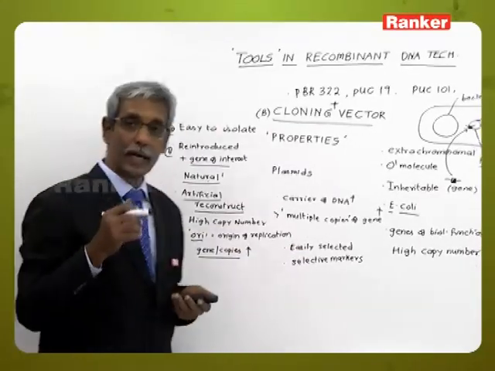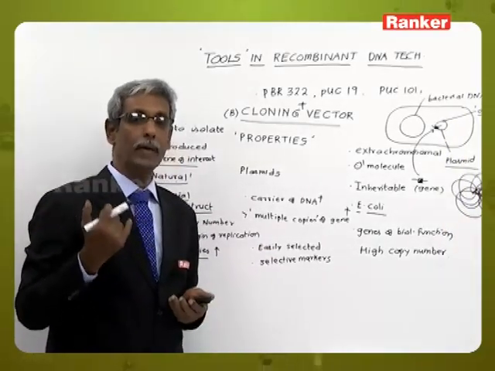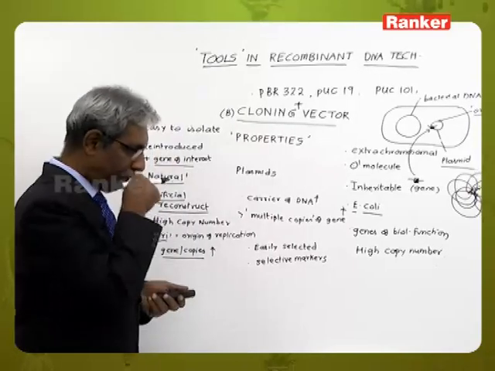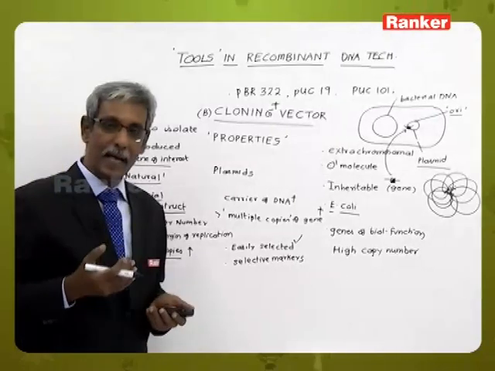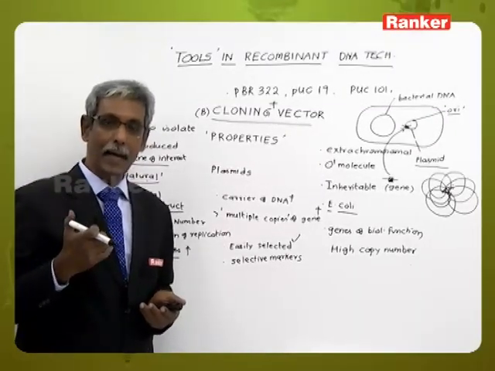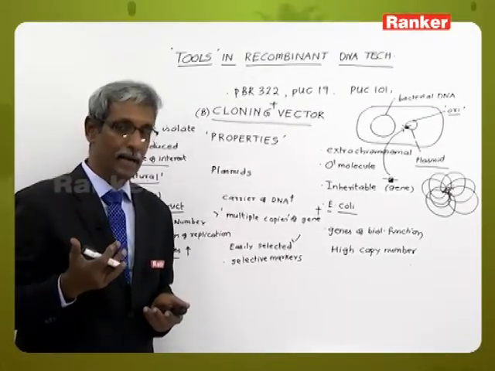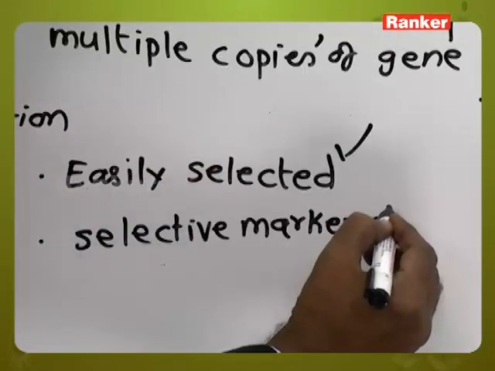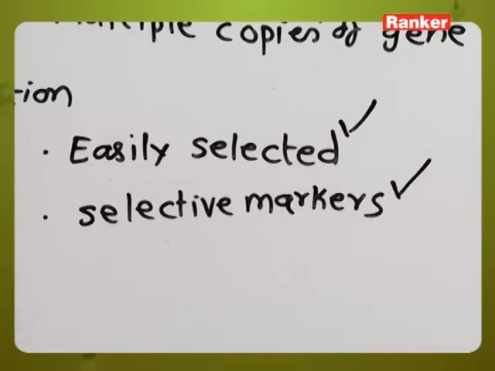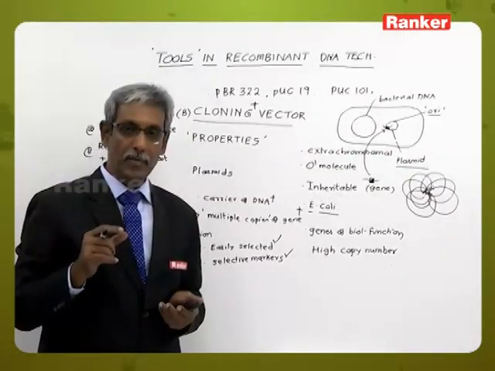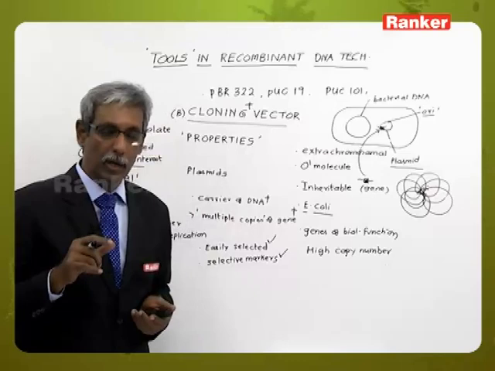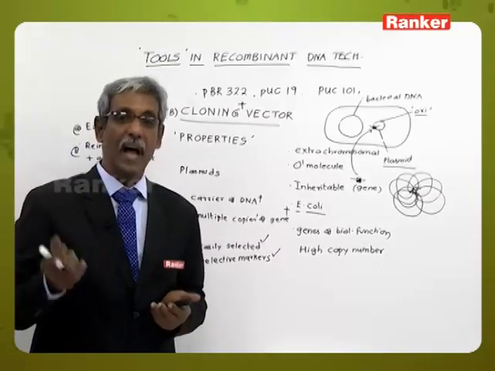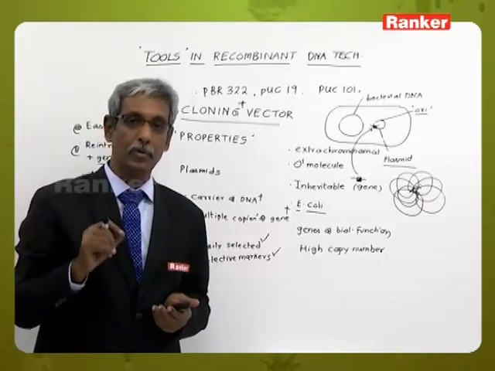Now whenever you take any particular plasmid, a few more characters of plasmids are that some plasmids can easily be selected by applying a fluorescent dye. And they also have selective markers, on the basis of which you can identify whether a cell or a molecule has undergone recombination, that is, whether a foreign gene has been inserted into the DNA.